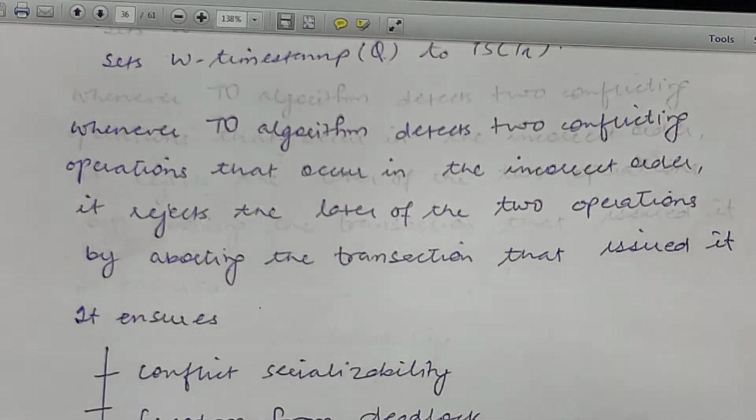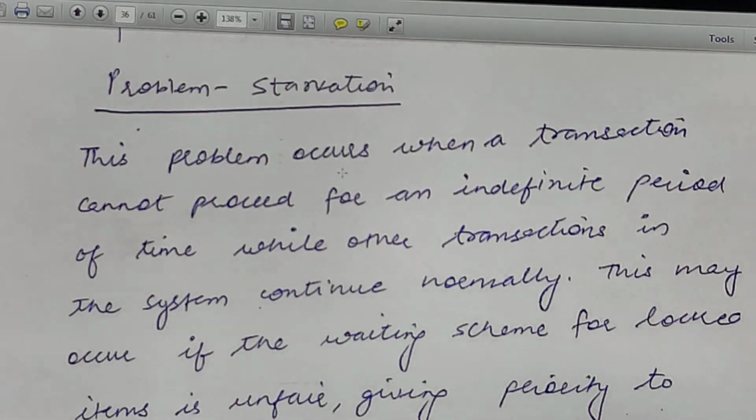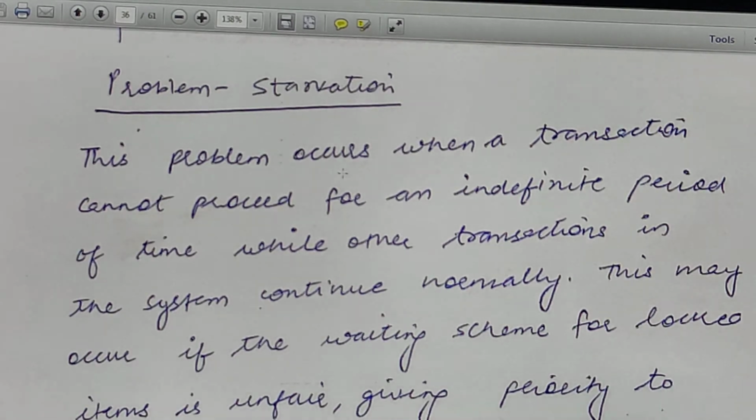Why starvation? Starvation is something like when you are continuously waiting for food but you are not able to get the food, so you enter into the starvation stage. Similarly with the transactions, the older transaction is continuously requesting to perform a read or write operation on Q, but because it has now become older and the younger transaction has performed a write or read operation on Q, the older transaction will always be in the aborted state.